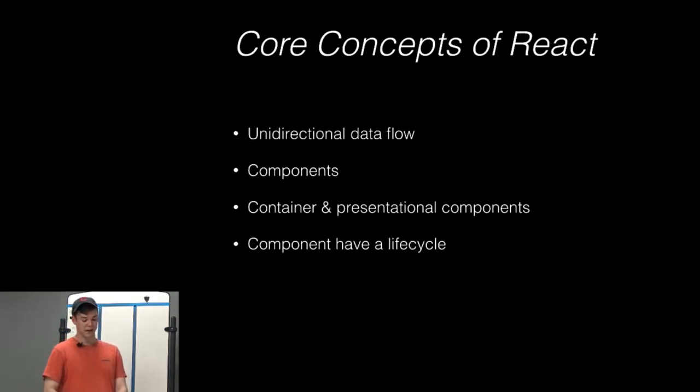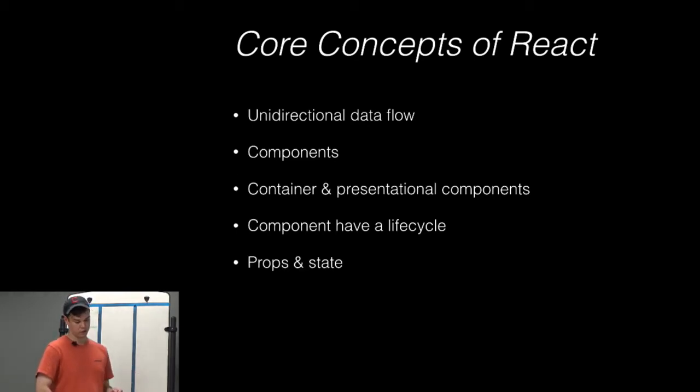The components have a life cycle, so when their state is getting updated or when they're being rendered, React knows about this and can hook into that and say, okay, when this object is rendered, then also do this. And something that I'd mentioned before was props and state.